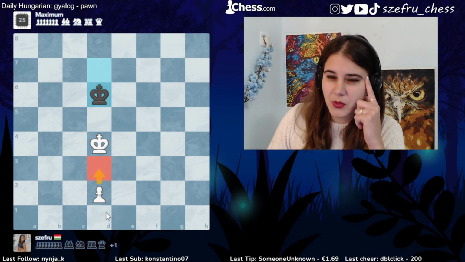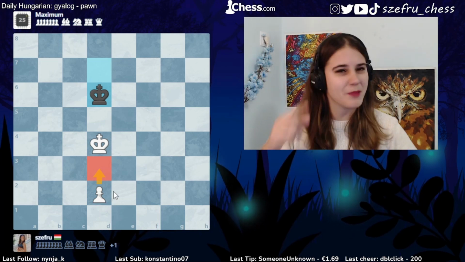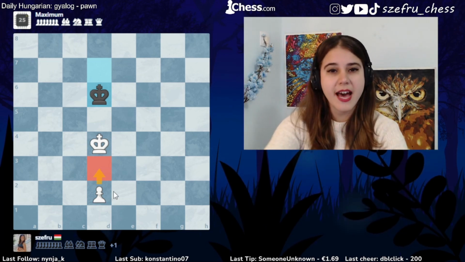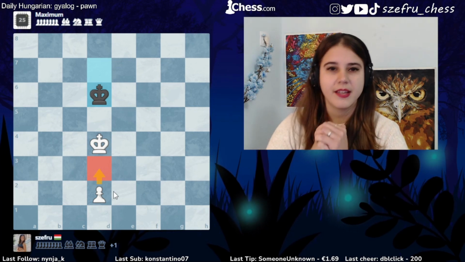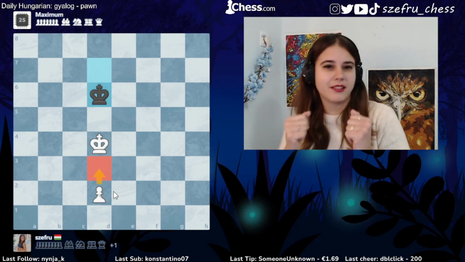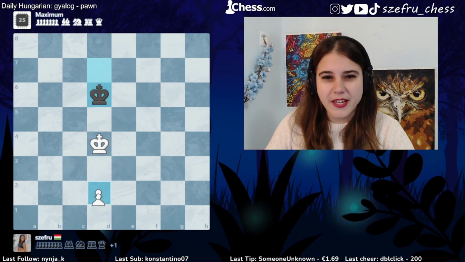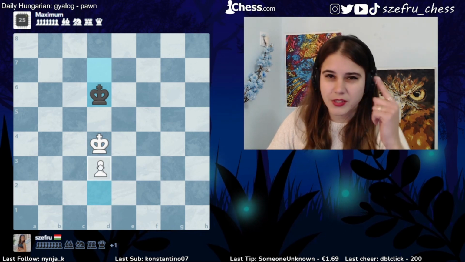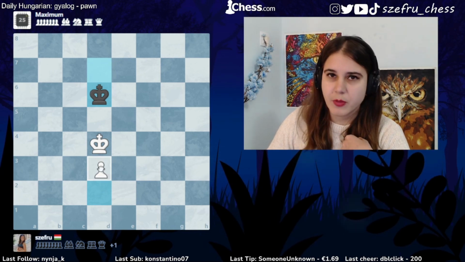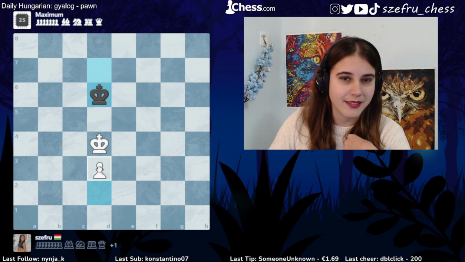Here we will just push the pawn and say, got you, call the ambulance, but not for me, because I have the opposition in this case. And the opponent will be forced to move out, and then we can just go enter and be happy. But if this pawn was here and it was our turn, we would be pretty much doomed. That would be a drawish endgame, because we won't be able to take the opposition back.